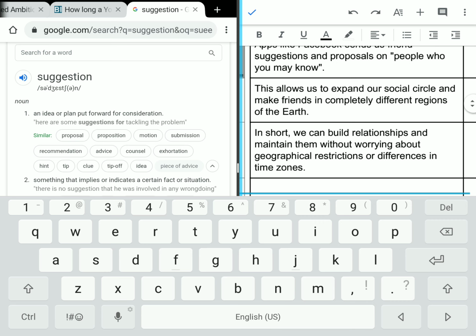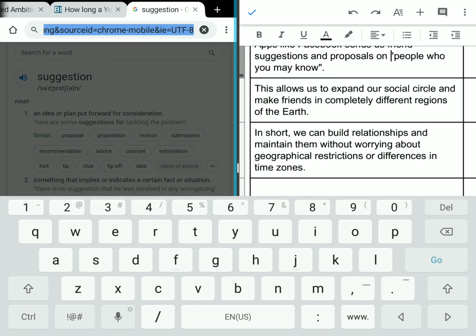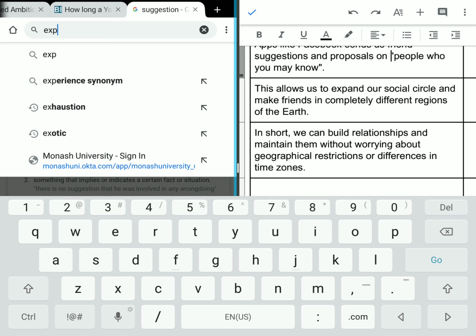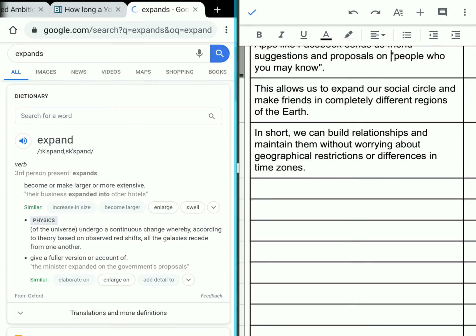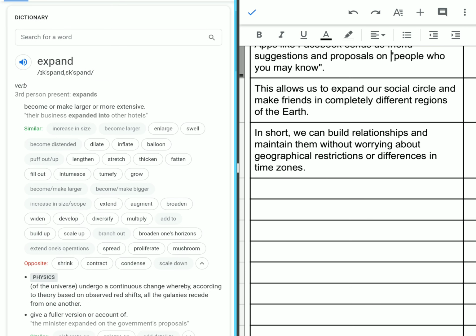Now, this allows us to expand our social circle and make friends in completely different regions of the earth. I would try to change expands. It would be diversify. It would be broaden. It would be builds up.